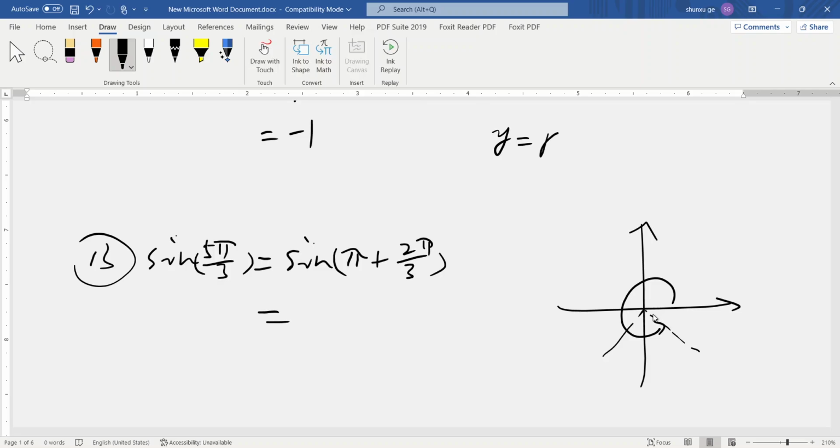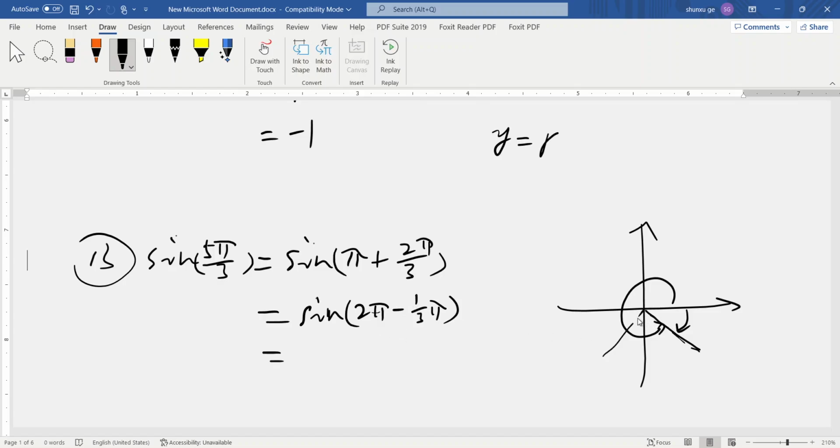So this angle 5 pi over 3, we can also write as 2 pi minus 1 over 3 pi. We want to find the reference angle, which is here. This is the same angle. So find the reference angle here.